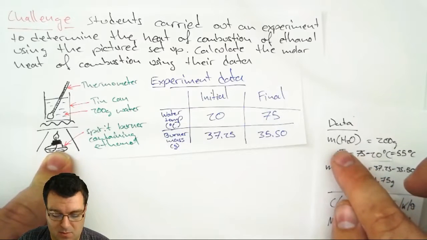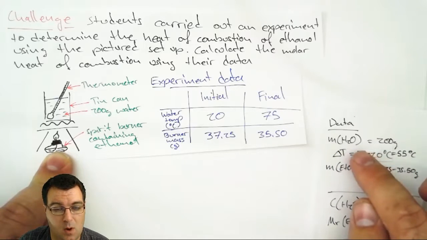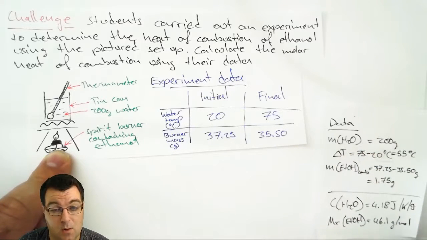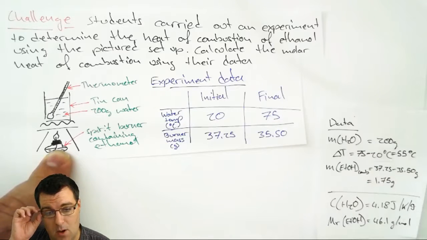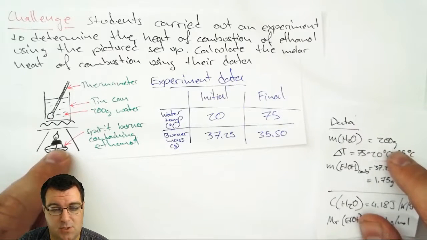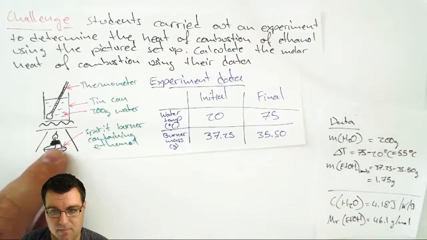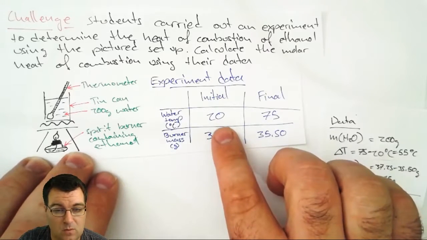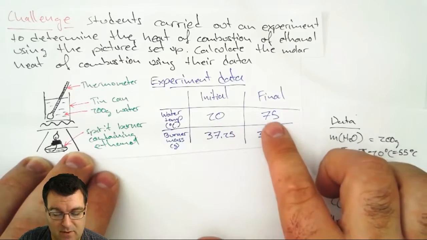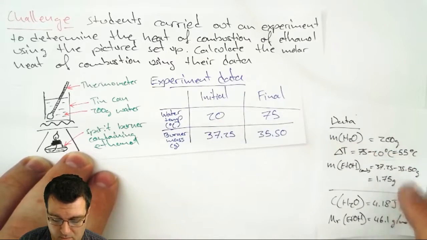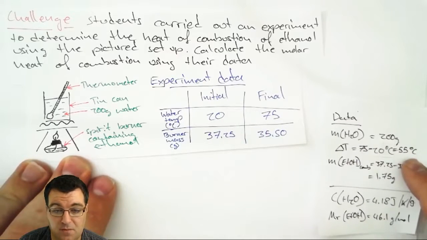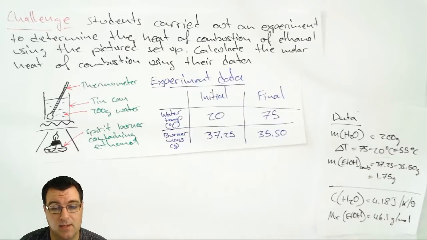I like to put the chemical species in brackets after my letter term when I'm describing a variable in an equation. I find that to be a clear way of doing a calculation, and that's 200 grams. Our delta T, our change in temperature, we can find from the student data: 75 minus 20, so final minus initial, gives us a change of temperature of 55 degrees, from which we will need to calculate an enthalpy, a delta H value.